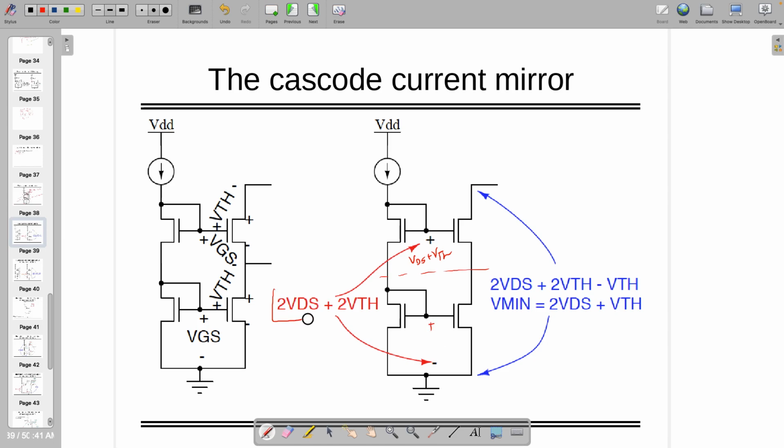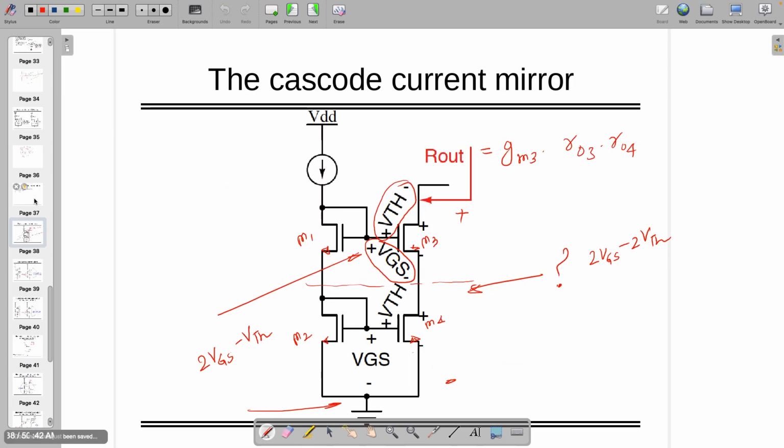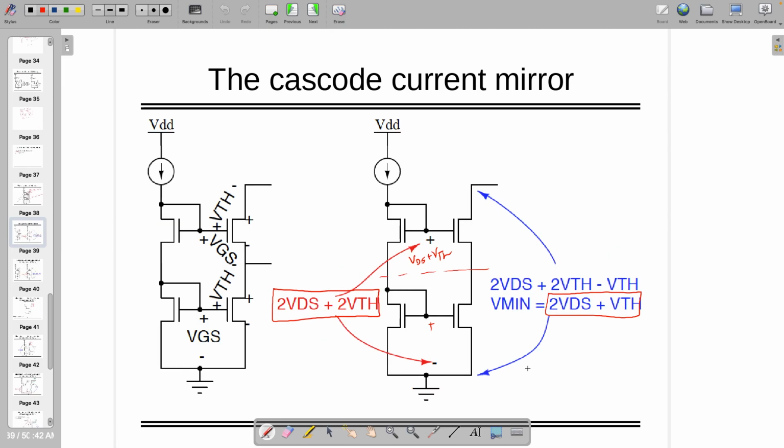So this will make 2 VDS plus 2 VTH, and the output will drop by 1 VTH, so it will make 2 VDS plus VTH. By the way, we are trying to write it in VDS. Why are we writing it in VDS? We could have done it in VGS also, right? But I like this particular approach. Why do we like this approach?